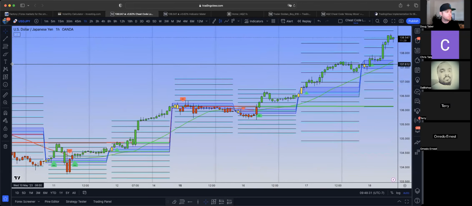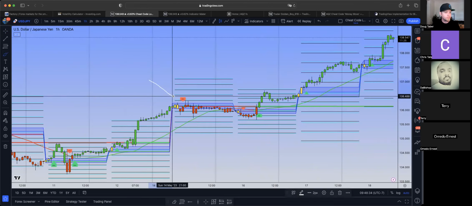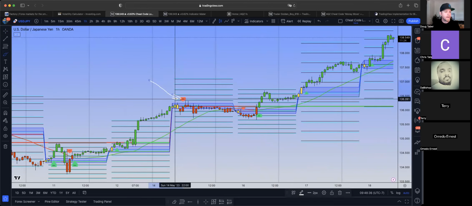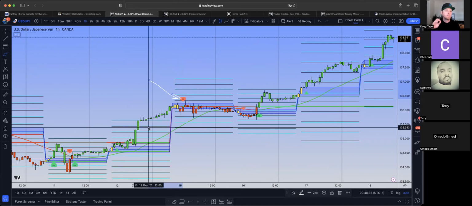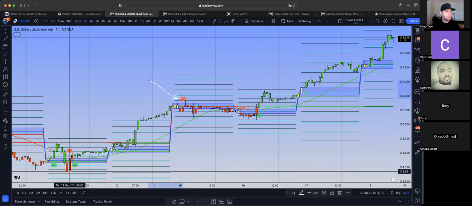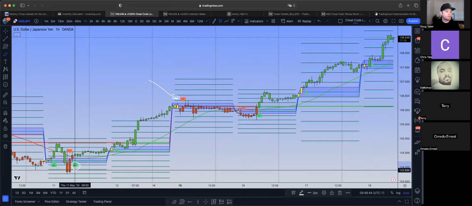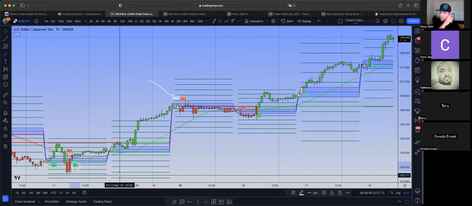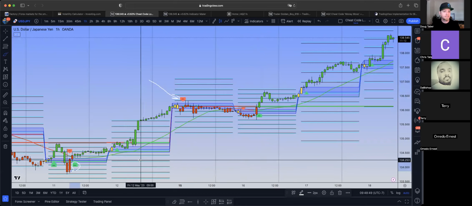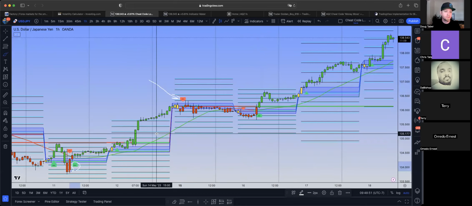Now, again, the condition for dollar dash is simply the first opposing signal after a money move signal. Okay, that's the condition for dollar dash.